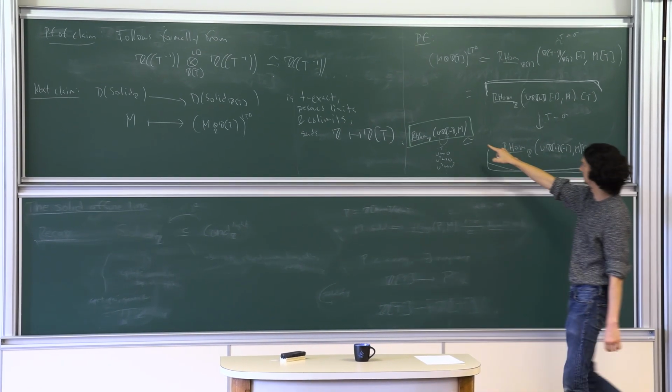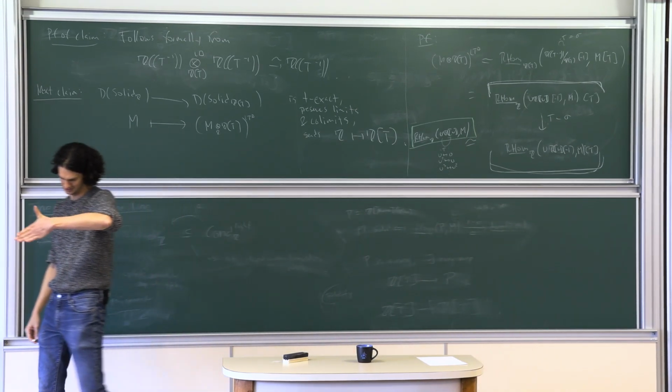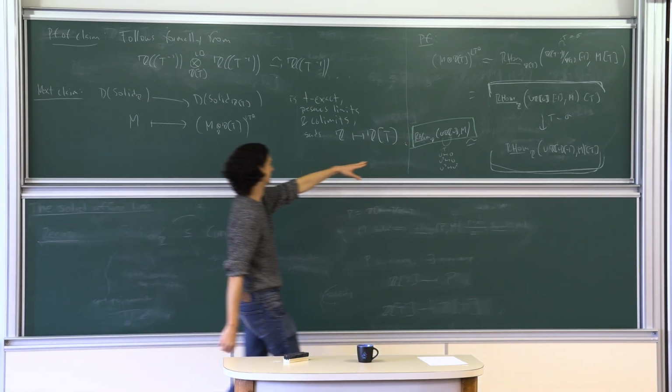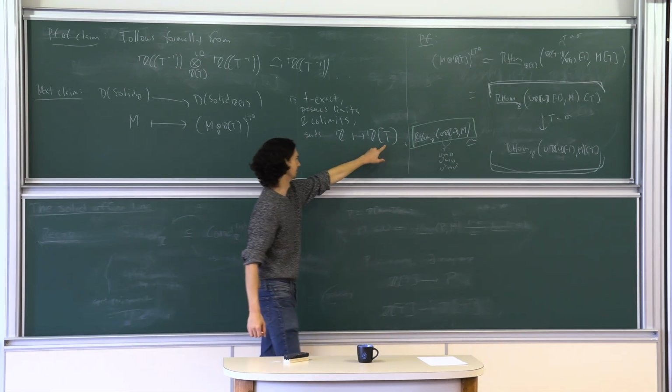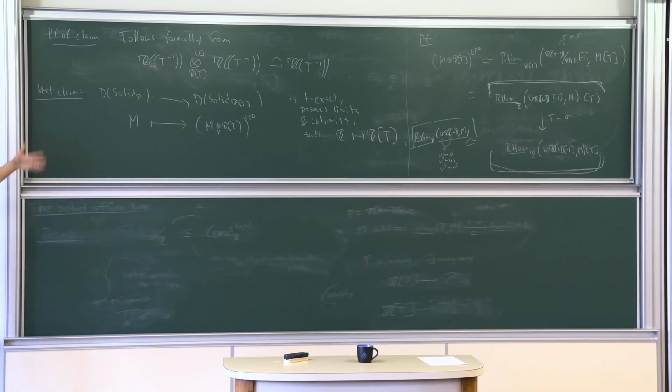But what happens when you plug in Z here? You're taking RHOMs from this product of copies of Z to Z. It turns into a direct sum of copies of Z. And you can check that what you get is just the usual Z bracket T, even with the ZT module structure. Or really, there's a natural comparison map, which you see to be an isomorphism.